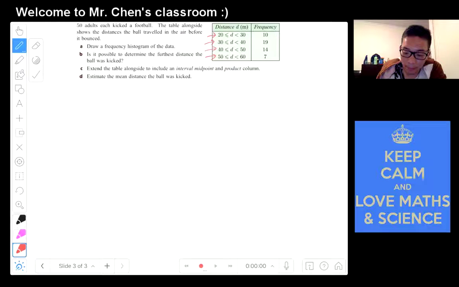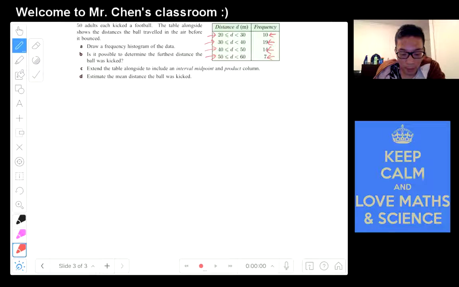So if I explain this table, it means 10 adults kick between 20 to 30 meters. 19 adults kick between 30 to 40. 14 adults kick 40 to 50, that's pretty good. And 7 adults kick between 50 and 60 meters, that's really impressive. If you can kick between 40 to 50, I would say you're a pretty good kicker.